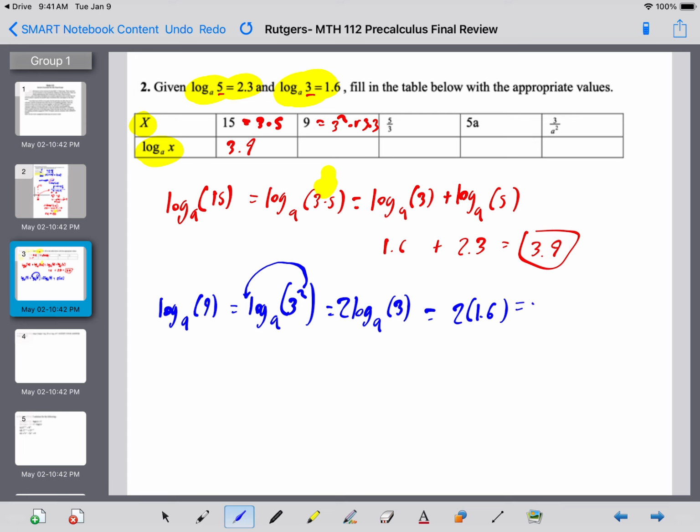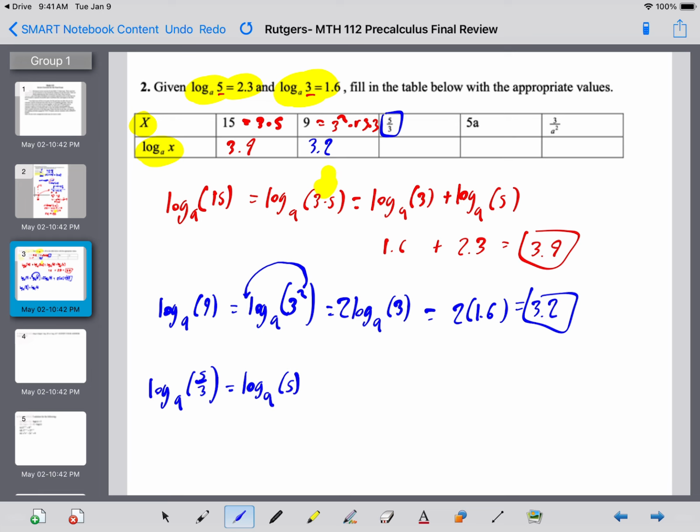Which is 3.2. Now for 5/3. We want to find log base a of 5/3. If you have division in a log, you can separate it by subtraction.